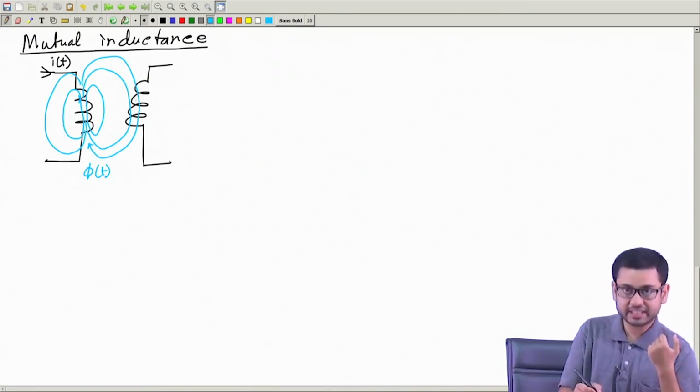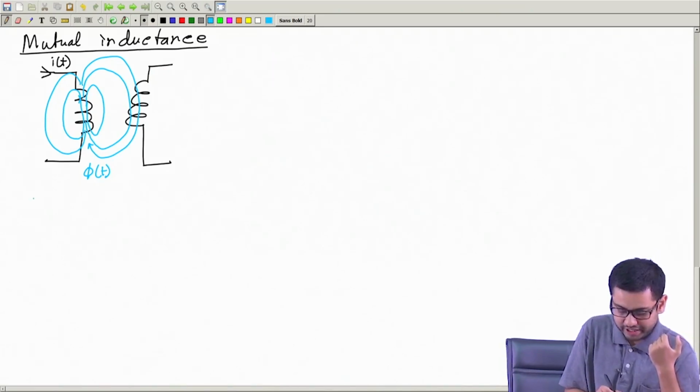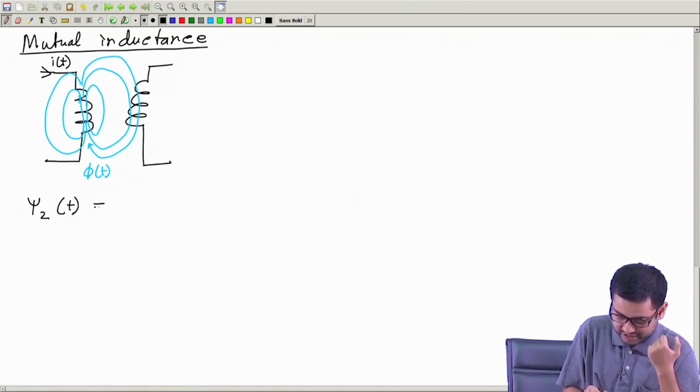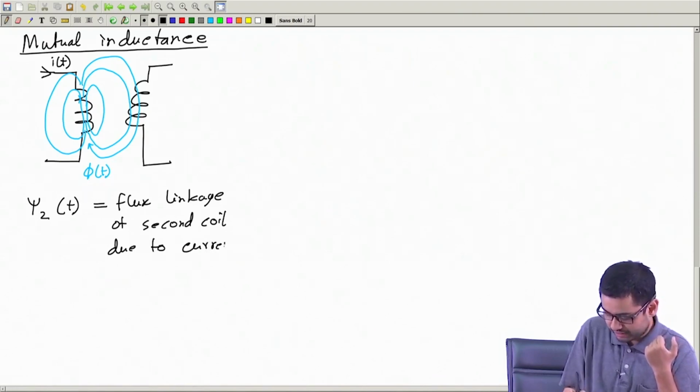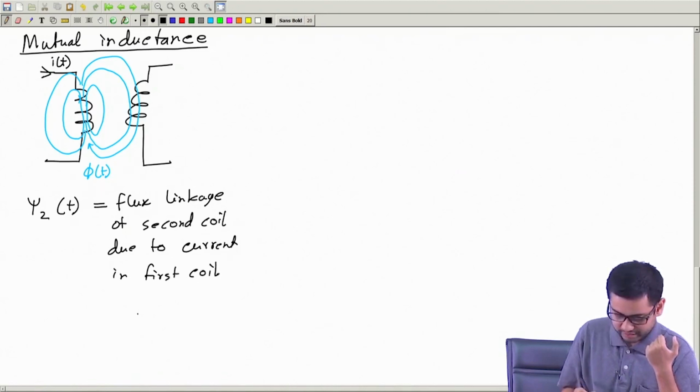So therefore we can estimate some quantity, call it psi 2, okay, psi 2, which is flux linkage of second coil due to current in first coil, okay. Let's call it this way, psi 1 2, okay.